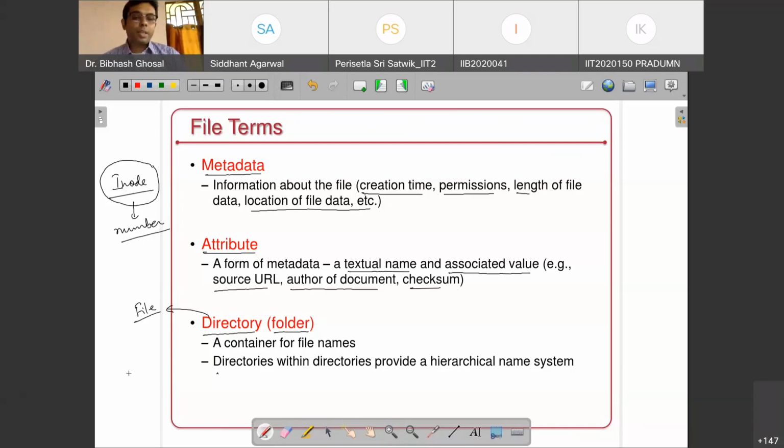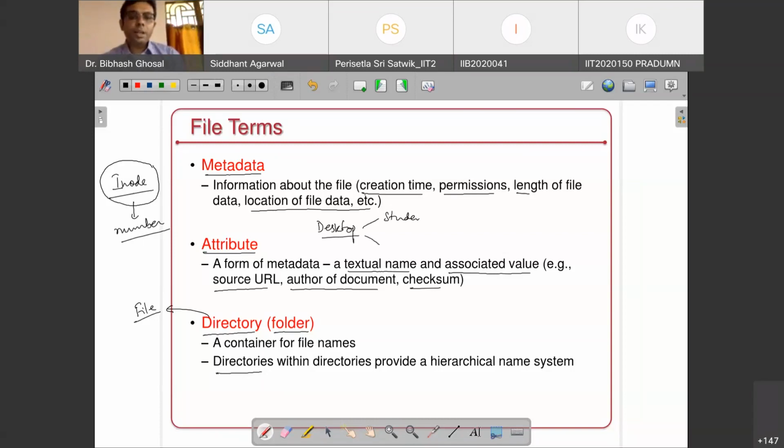So let us say I'm talking about a particular directory. If you are able to see the content of a directory, you will find that it has a lot of file names, as well as names of other directories. Now, desktop is a directory which has other directories. Let's say a directory called student and a file called f1.txt.